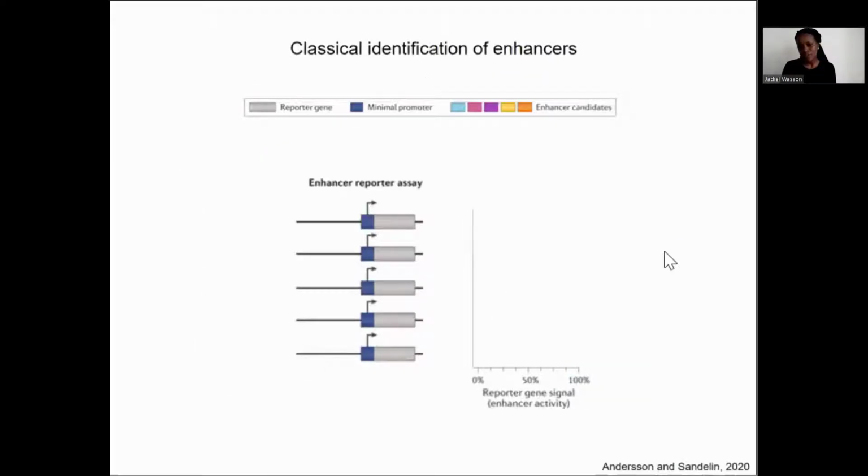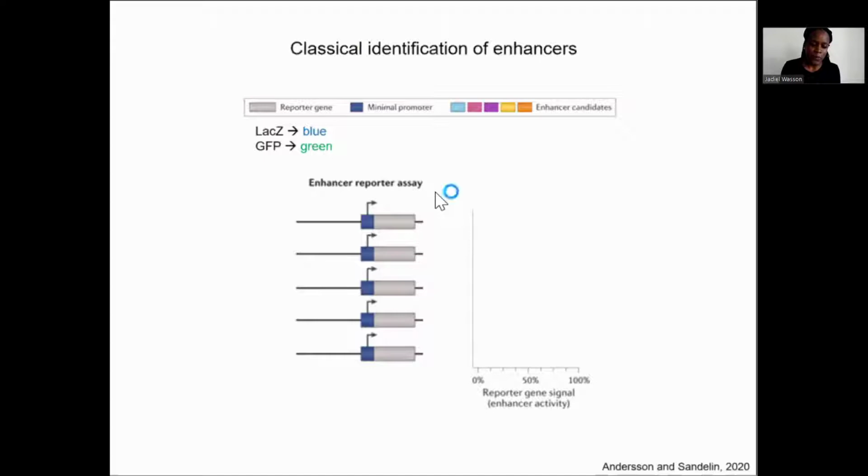Going forward, many groups in the field utilized similar setups to discover other potential enhancers that exist. The assay that I'm showing you here is called an enhancer reporter assay. Here you have a minimal promoter that can't drive the expression of any gene without any help, attached to a reporter gene. And classically, reporter genes could either be LacZ, which when turned on will turn cells blue, or GFP, which when activated will turn cells green.